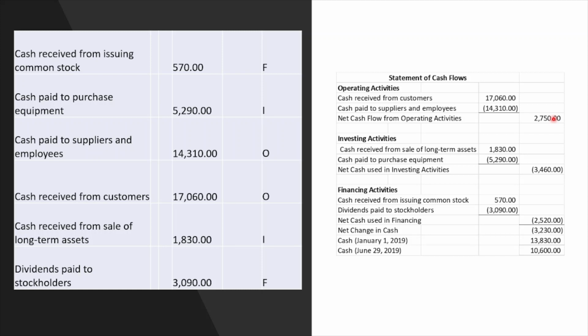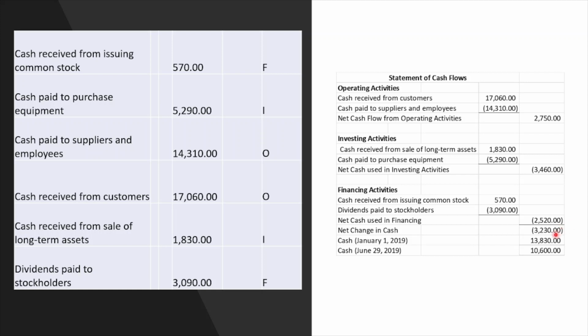That's an outflow. And that's how you see the positive sign, the negative sign here because it's paid. Positive here because you receive cash. Negative here because we paid cash. Positive here because we received cash. Negative here because we paid cash. And that leaves us with a net change of $3,230.